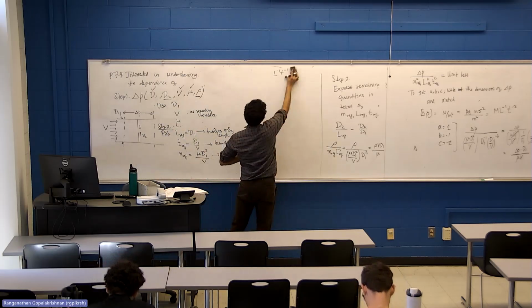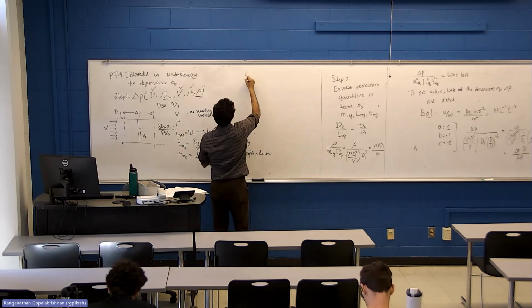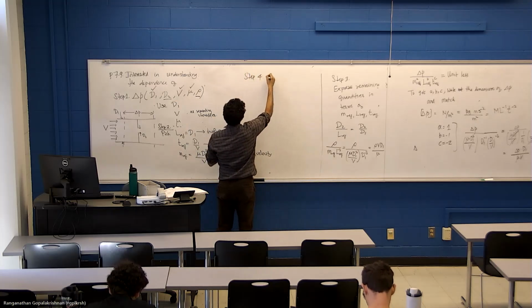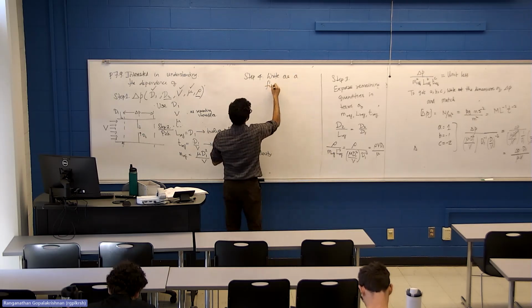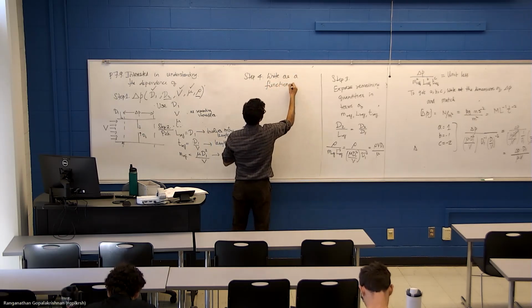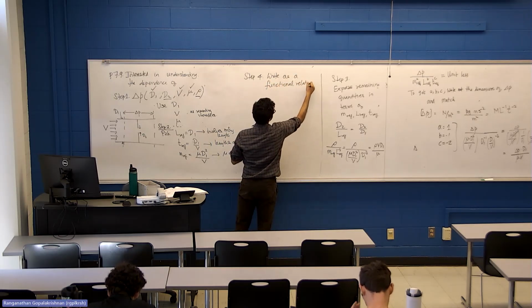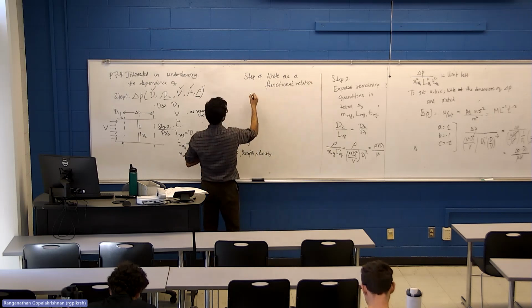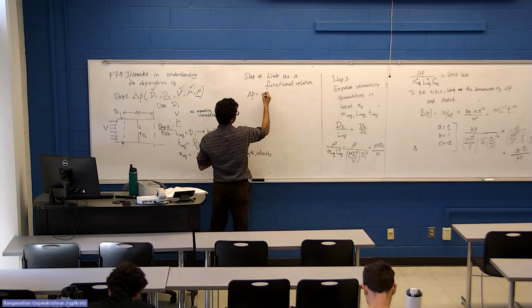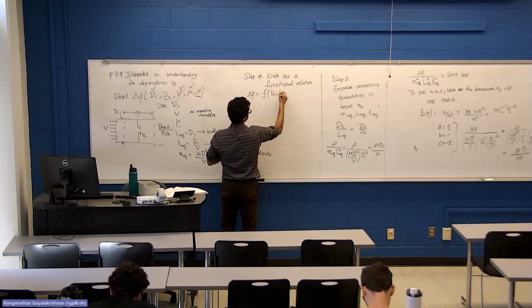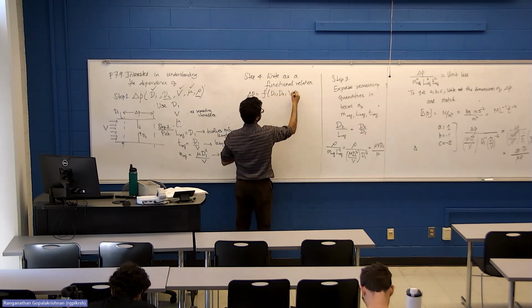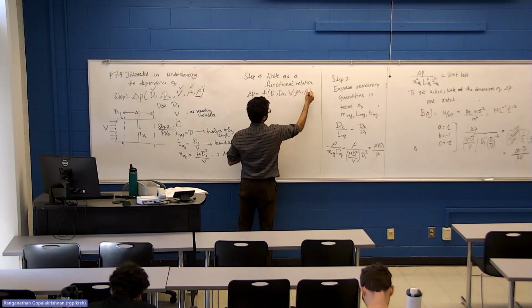So last step, step 4, write them as a functional relationship. Meaning you had from step 1 delta P equal to a function of D1, D2, V, mu, rho.